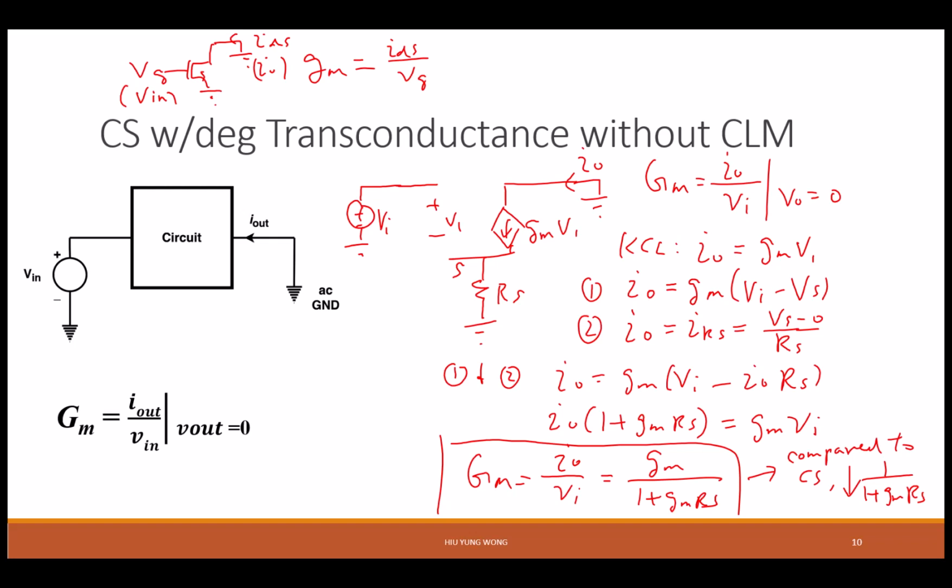Same for a circuit, but now we don't have drain because it's very complicated. We will say this is just equal to the output current divided by the input voltage with the output shorted. That's it. And this is consistent with what we learned, because when we learned the transistor, that is also the transconductance: Gm equals IDS divided by Vg, right?